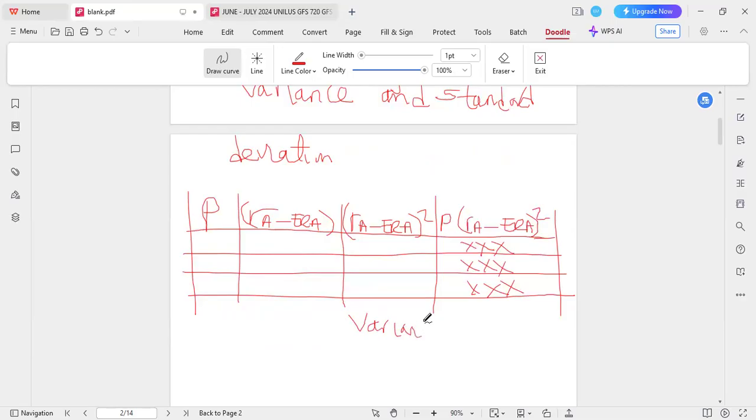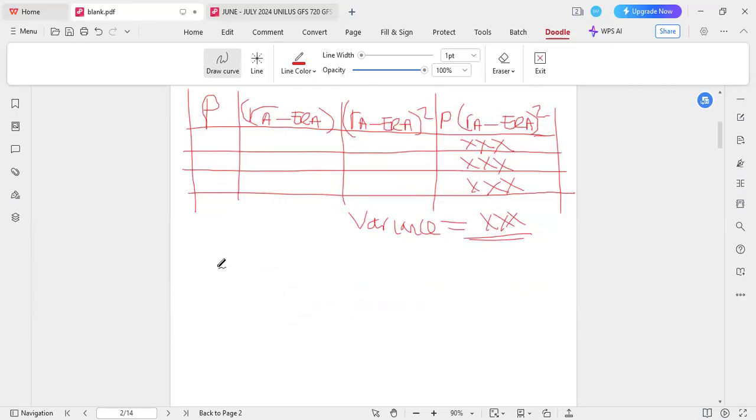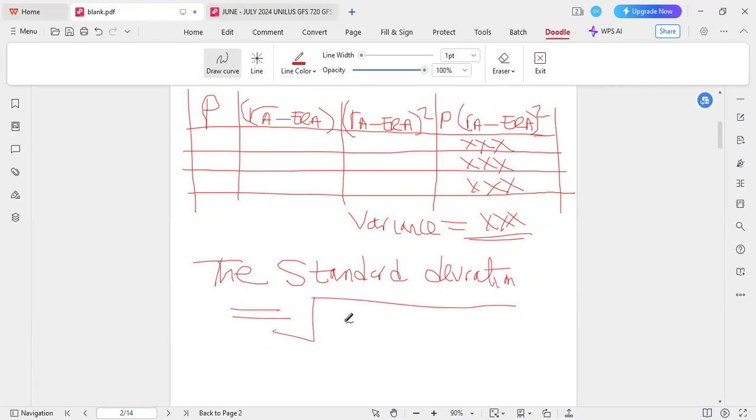So the variance will actually be this value. Now, the standard deviation is the square root of variance.